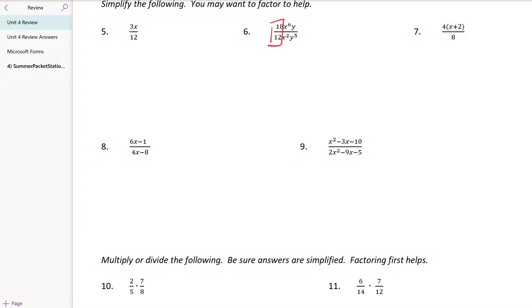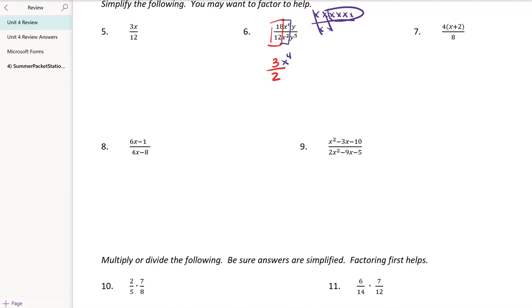18 divided by 12, I could simplify into 3/2 by dividing the top and bottom by 6. The next thing, x to the 6 over x to the second. Remember, that's 1, 2, 3, 4, 5, 6 over 1, 2. Cross them out, I'm left with x to the 4th.